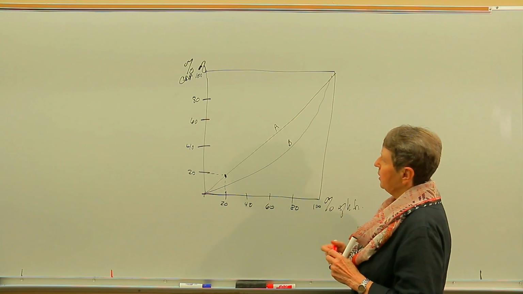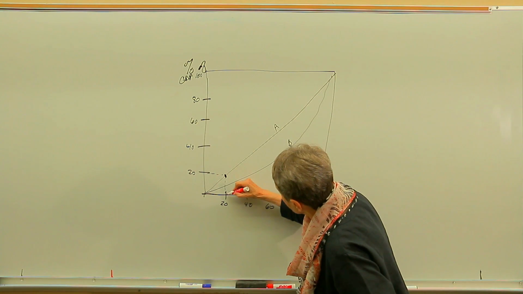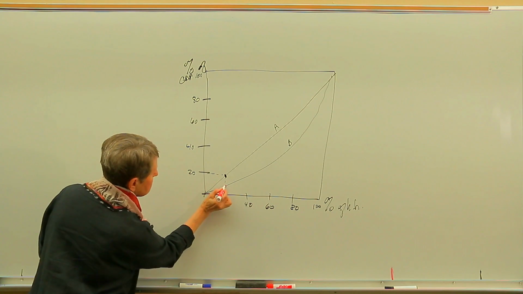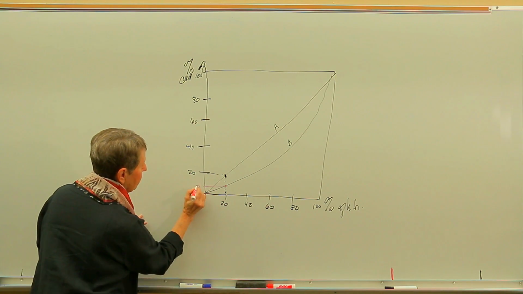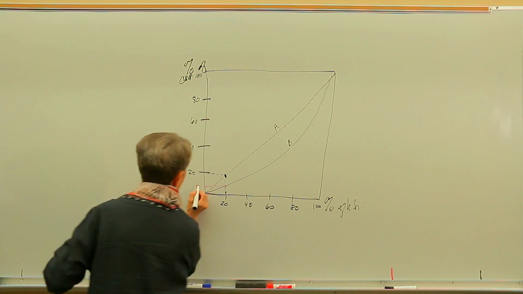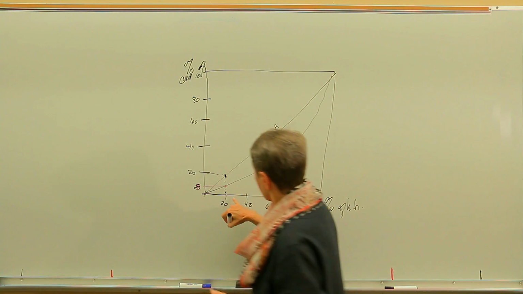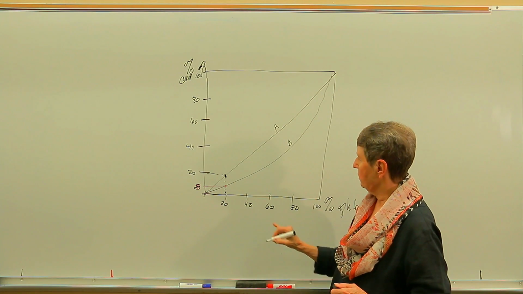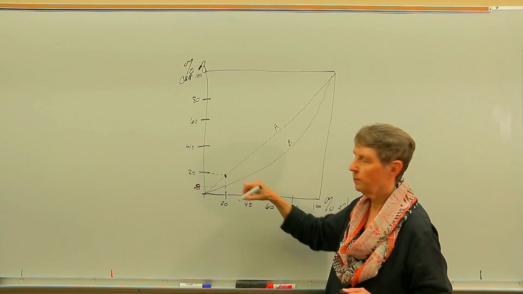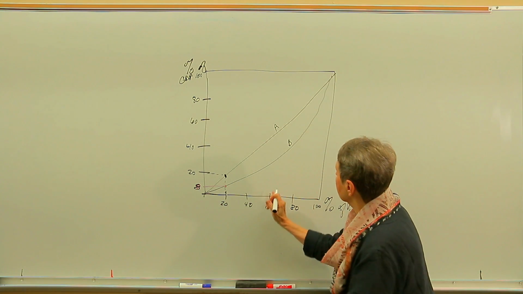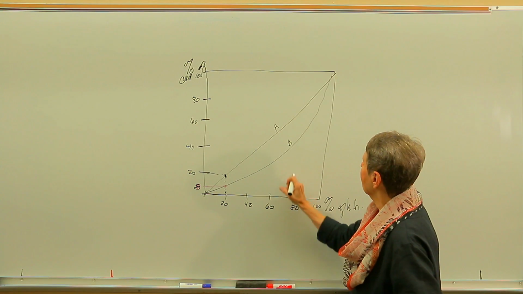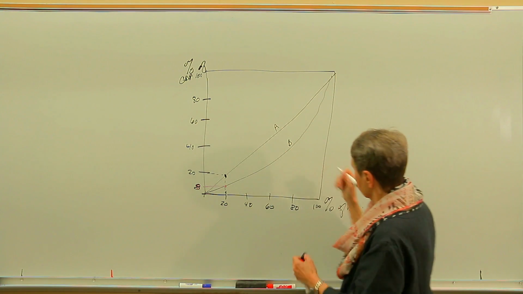But what we know about economy B is that 20% of the households in economy B only have about 8% of the income. 40% of the households actually have about 20% of the income. And as we move over, 60% of the households have about 35% of the income. 80% of the households have about 40% of the income.